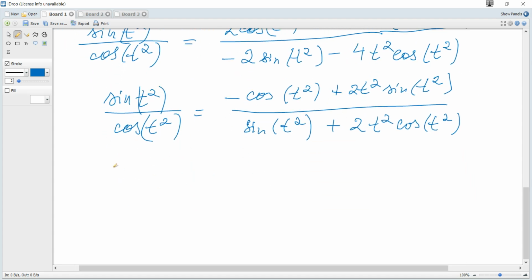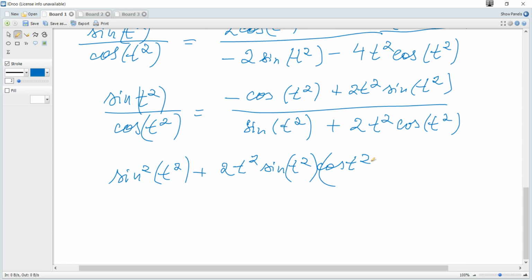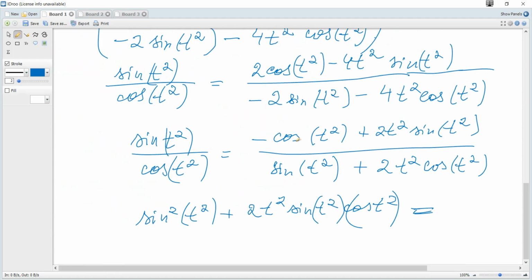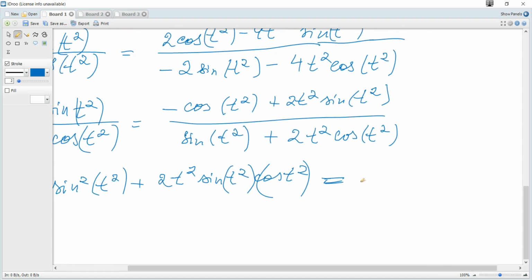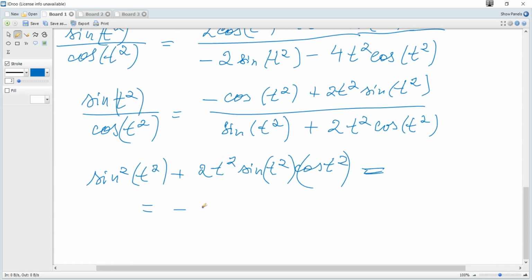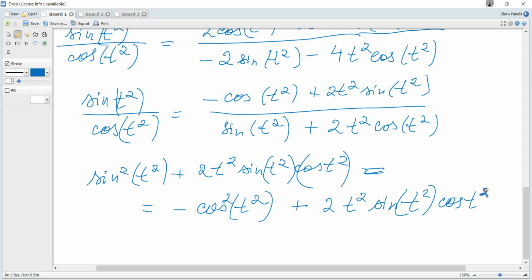Cross multiplication gives sine squared of t squared plus 2 t squared sine t squared cosine t squared, and this product is equal to negative cosine of t squared times cosine squared, plus 2 t squared sine t squared cosine t squared.